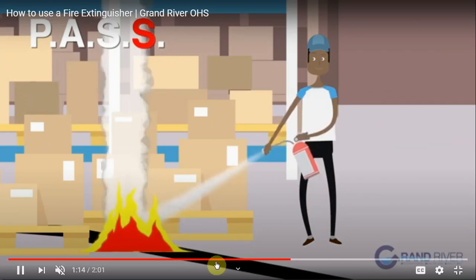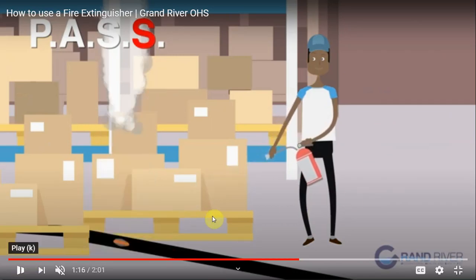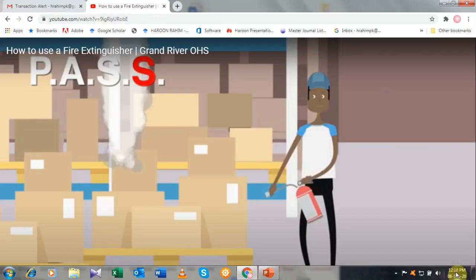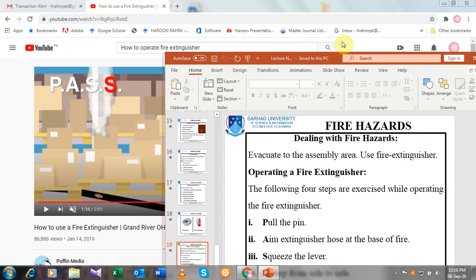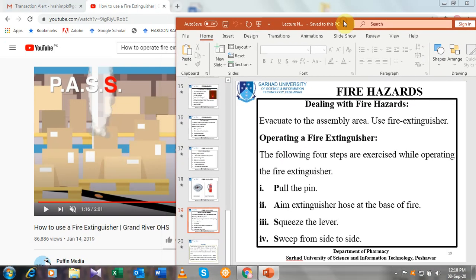Now we have to check what is meant by the PASS that I have told you. First one is pull the pin, and the second one is aim the extinguisher hose at the base of the fire, and the third is S, squeeze the lever, and the fourth step is sweep from side to side.